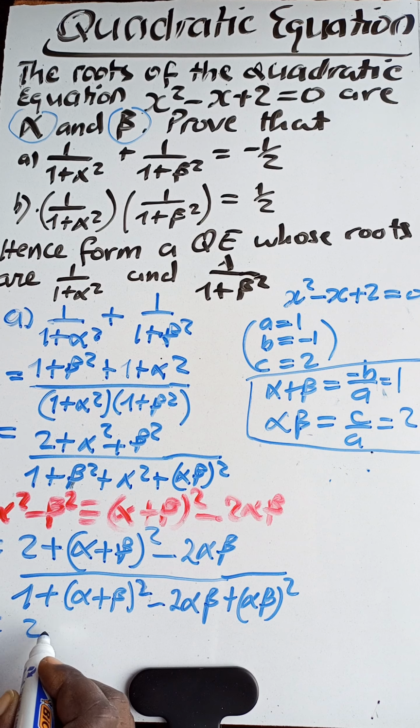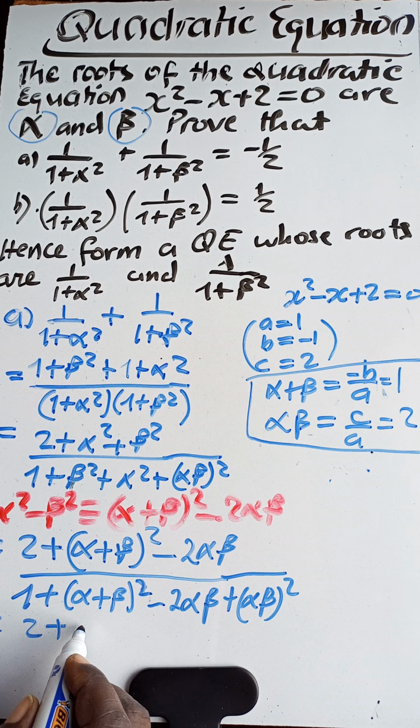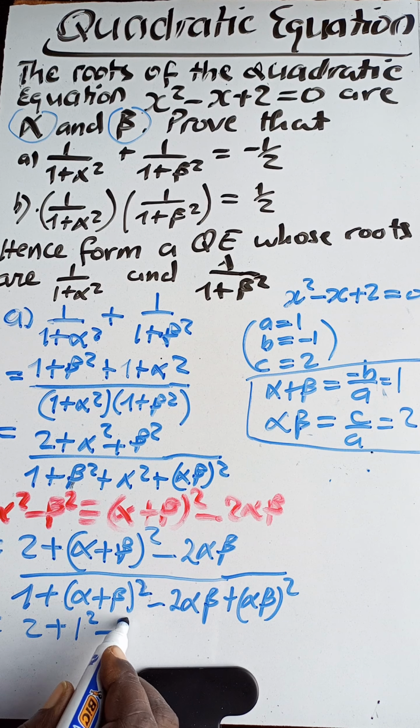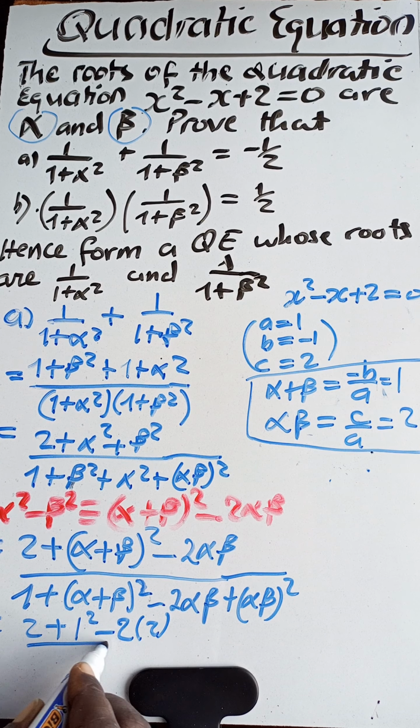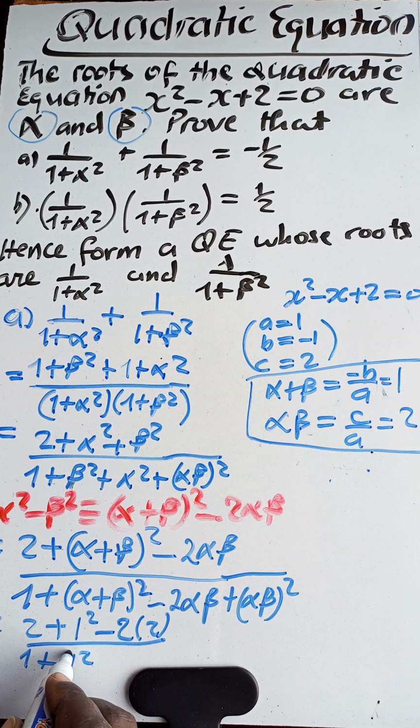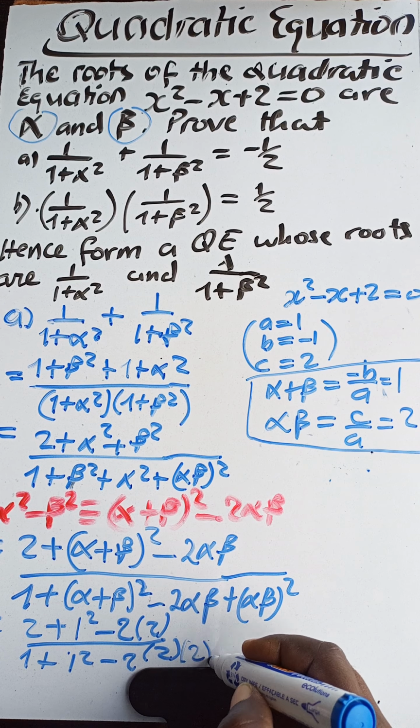So that should give us 2 multiplied by 1 squared minus 2 multiplied by 2, all over 1 plus 1 squared minus 2 multiplied by 2 plus 2 squared.